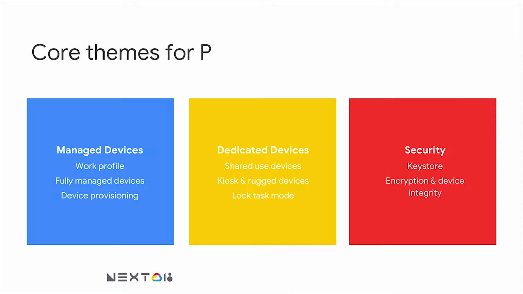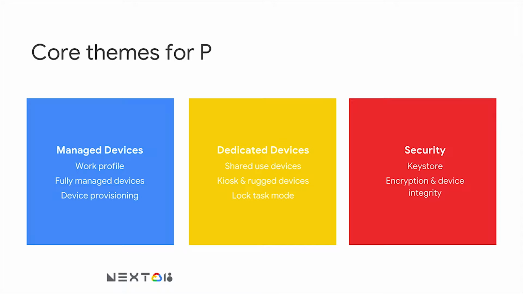These are devices that are under supervision and used in a work environment or perhaps an education environment. These are things like the work profile, if people are familiar with that, and also fully managed devices, where the corporation will own the device and oversee every operation going on the device. A key process within that area is device provisioning: how do we enroll devices into management and supervision?